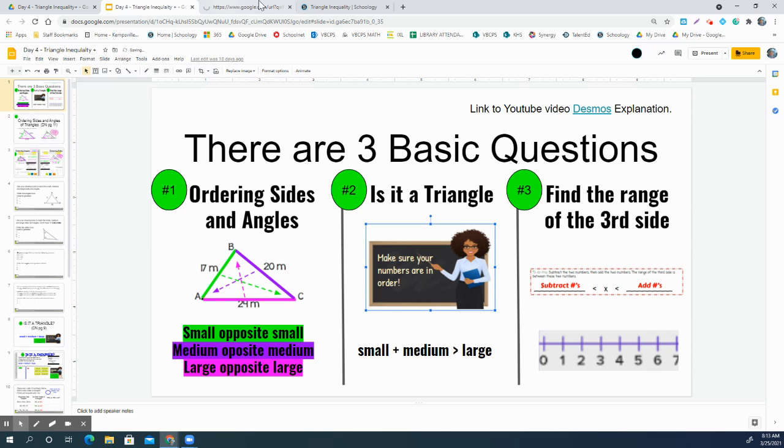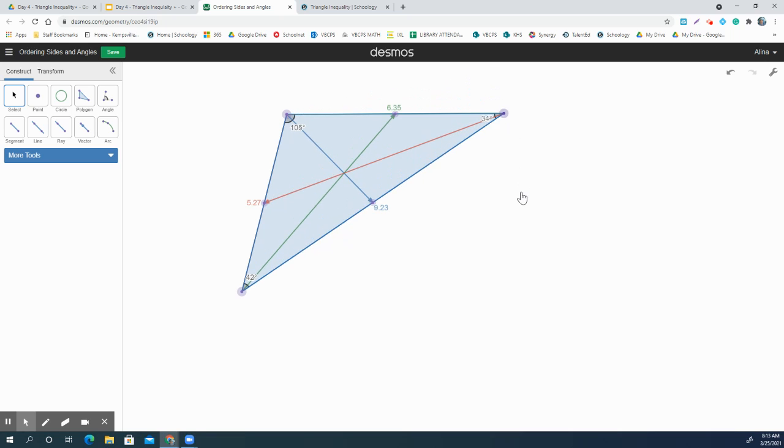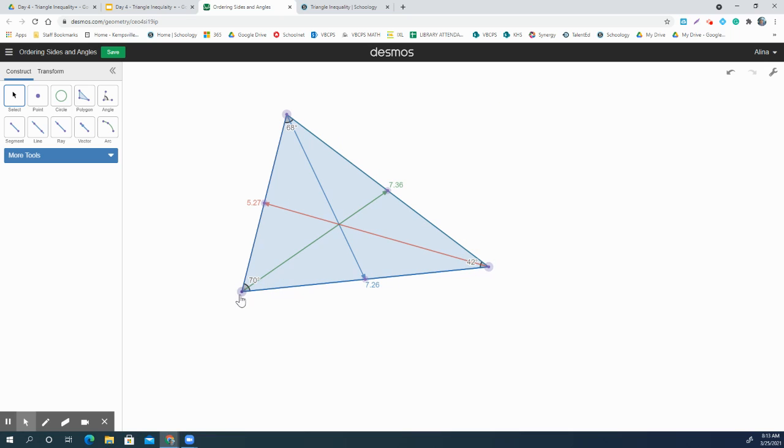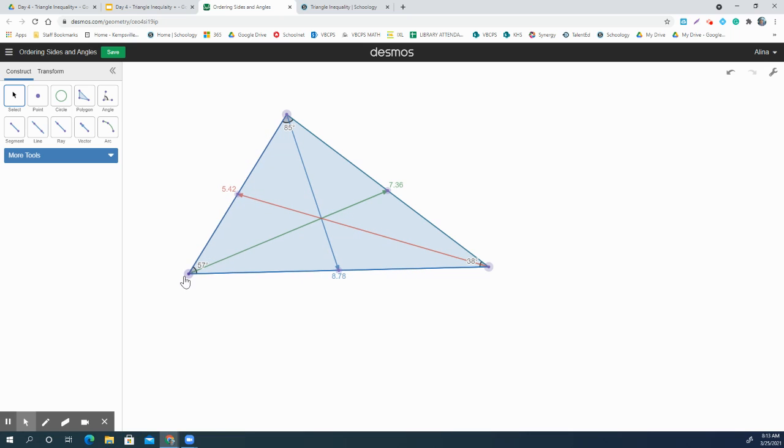So if you go back to slide 1, you can get this Desmos and test it out. So if I've got 3, 6, and 9, it's hard to make it exactly 9, but you'll get the idea.